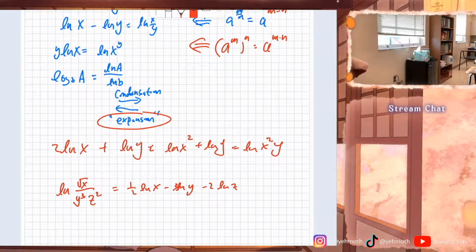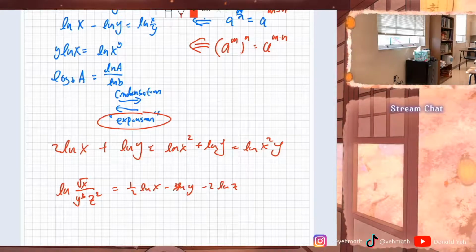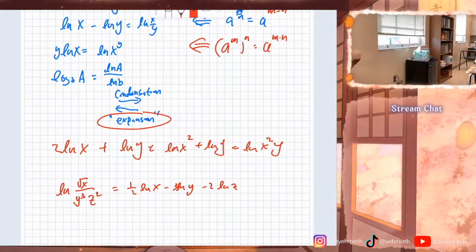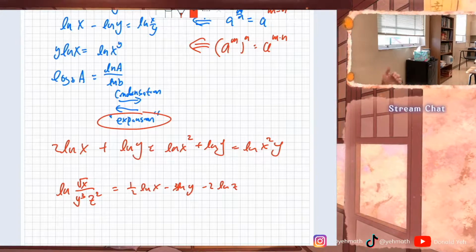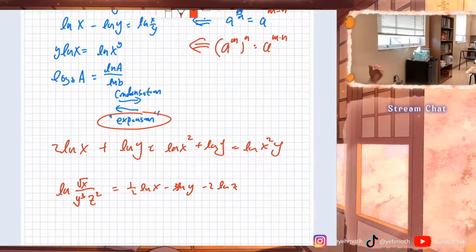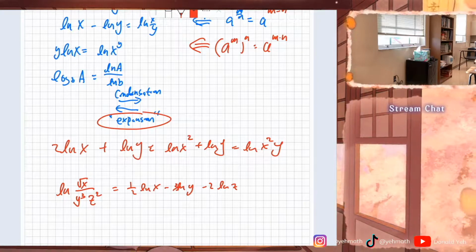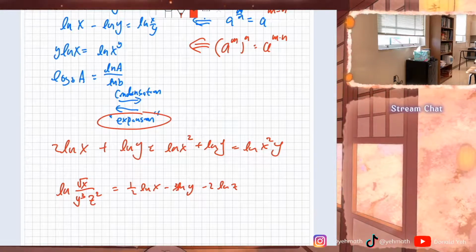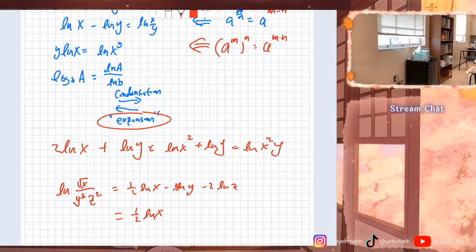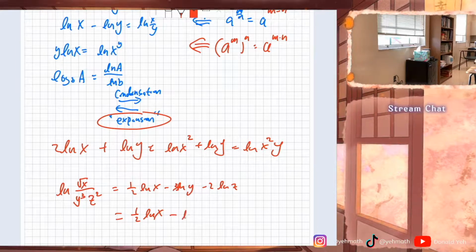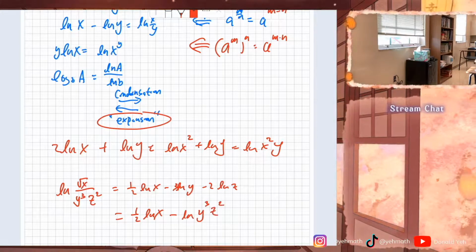Okay. It turns out Sarah Z is right, and Katie is also right, because you're dividing by y to the cube as well as dividing by z to the square. So when you divide, it's always subtracting. Or some people can think of it this way. Let's break it up slowly. We have ln of x minus ln of y to the third z to the square.